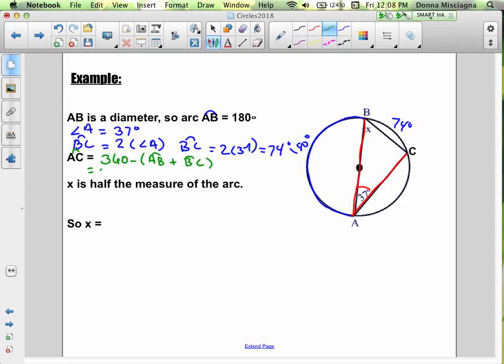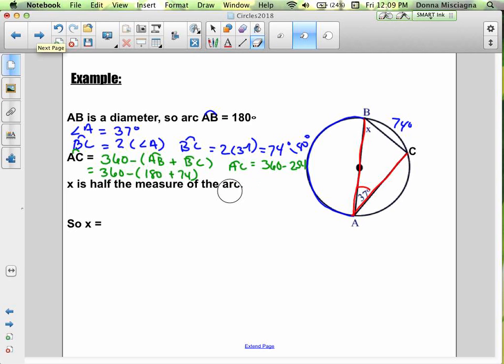That means that arc AC is 360 minus 180 plus 74, which means arc AC is equal to 360 minus 254. Arc AC equals 106 degrees.